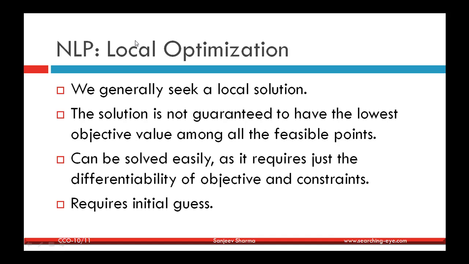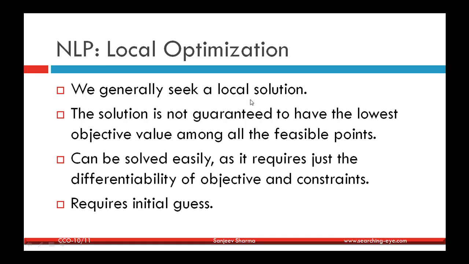By local optimization, we mean that the solution is not guaranteed to have the lowest objective value. If we have identified a certain value of the variable as an optimal solution, we cannot guarantee that it will give the least objective value among all the feasible points.